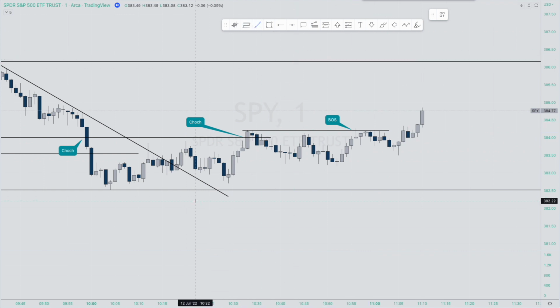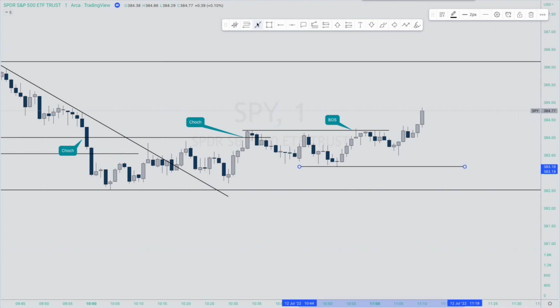So now, as we know, we made a new low, right? That break of structure made a new low, and then we had another break of structure. So if we drew off this top right here, you had another break of structure to make a new low. So now we're trading up.